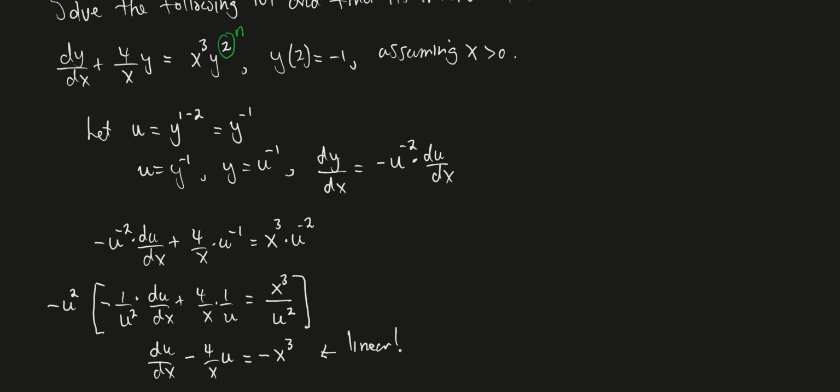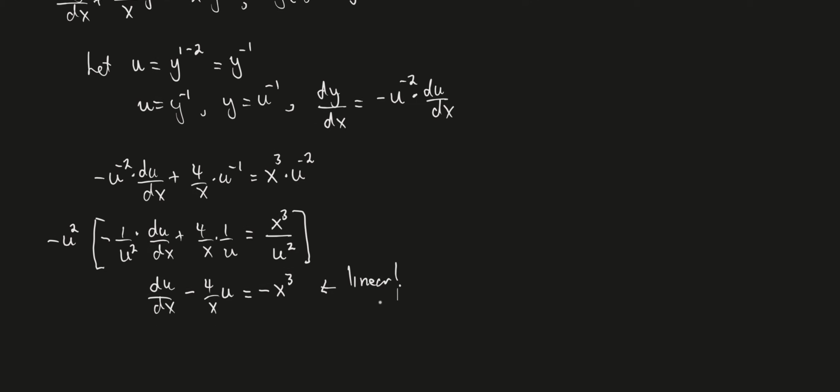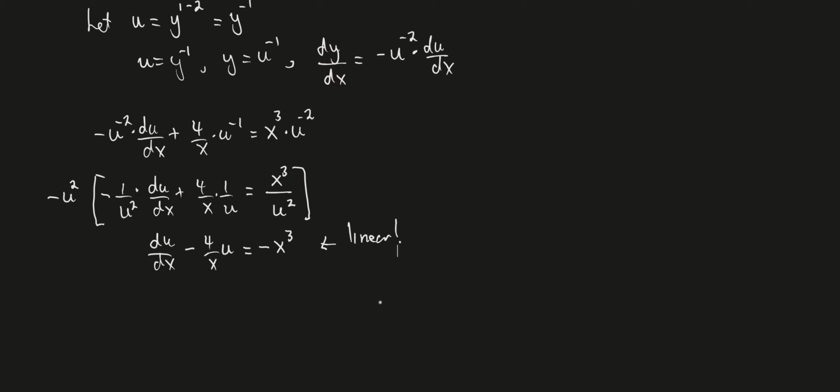So we're going to switch gears and now look at our integrating factor, which is our mu. That's e to the integral of -4/x dx. So this antiderivative is e to the -4 times the natural log of x. Now I don't need absolute values here because remember we're told that we can assume that x is positive.